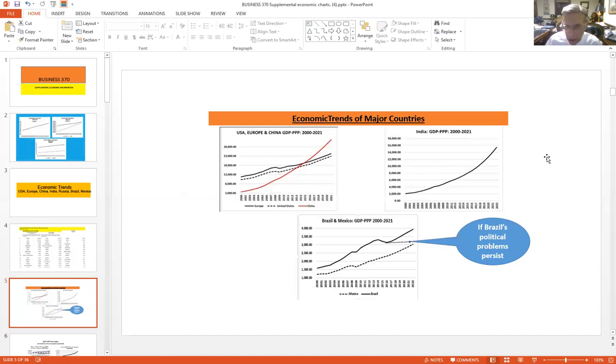and it projected that Brazil's economy would pick back up. But if Brazil's political situation doesn't get straightened out, Brazil is obviously not a very attractive market for industrial corporations in the United States to invest in, or other countries for that matter.